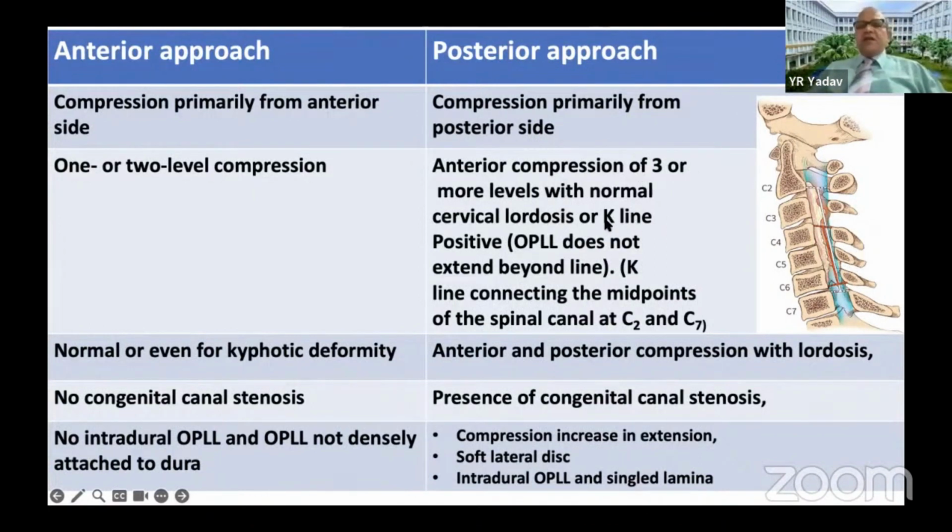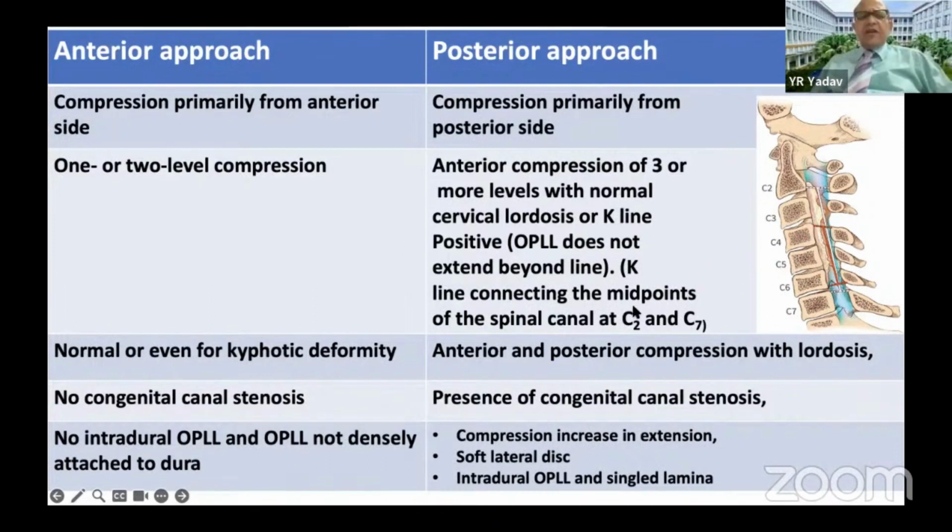That means the compression does not extend beyond 50% of the canal by and large, although you should make this line and find out if the compression is going posterior to the K line, then I think there is a need for going from anterior side or anterior and posterior side both.